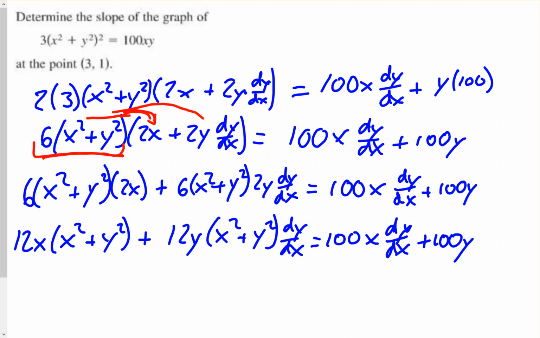Okay, so now anything without a dy dx we're going to move to the right. Anything with a dy dx will move to the left if it's not there already. Okay, so for example, this term will move to the right, because that doesn't have the dy dx, and then this term with the 100x dy dx, we'll move that to the left by subtracting that.